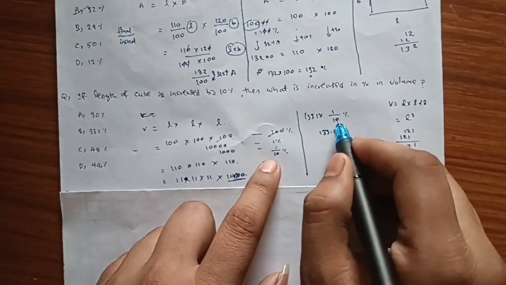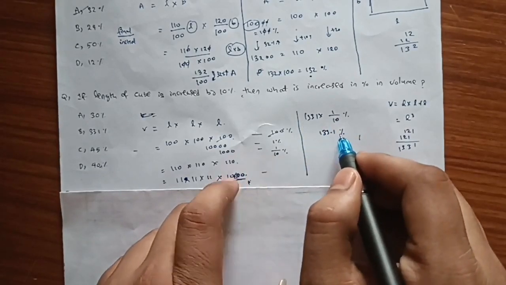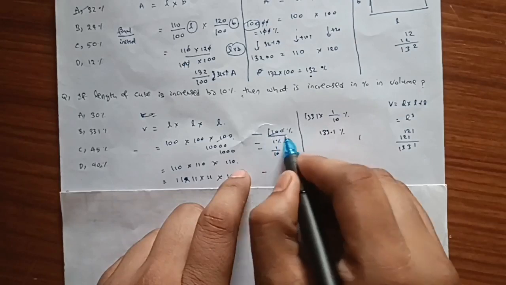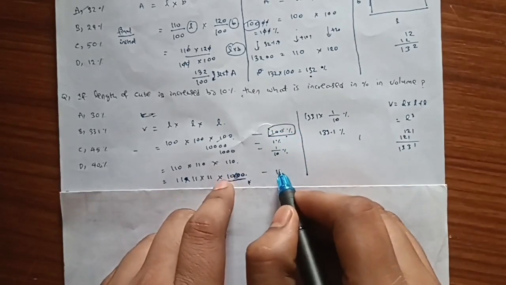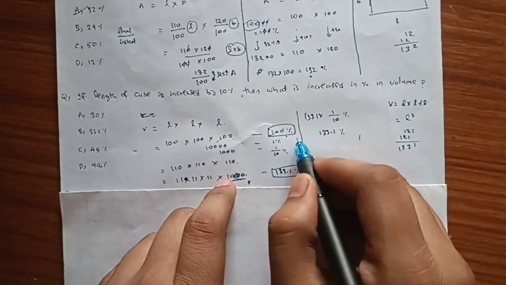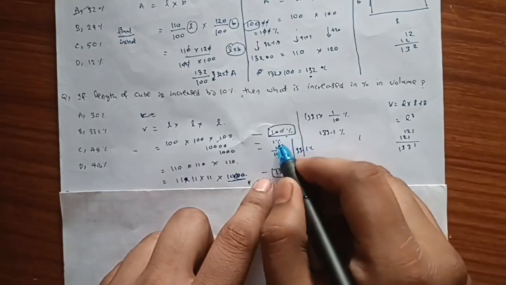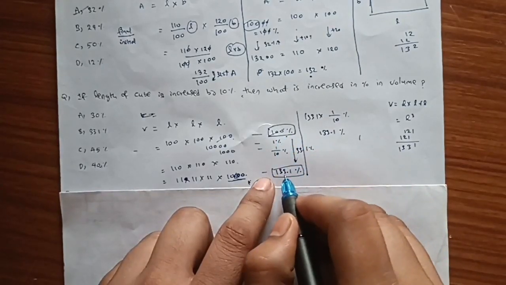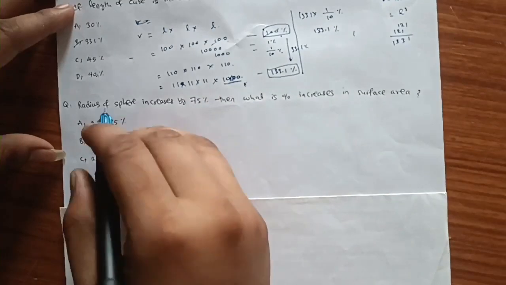Initially it is 100 percentage, then it becomes 133.1 percentage. So the increase is the difference, which is 33.1 percentage, and that is option B. Let us see the next question.